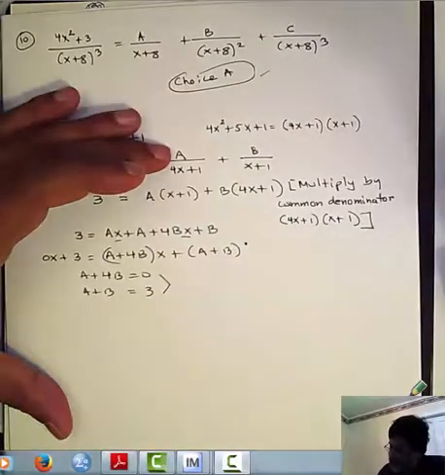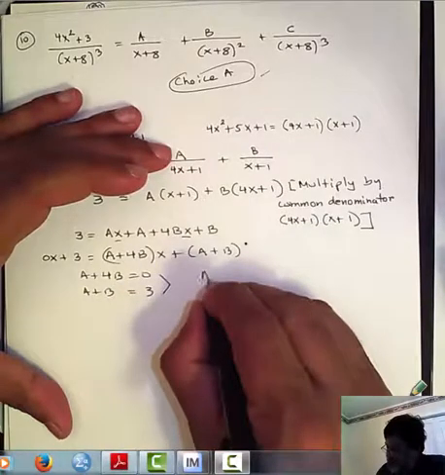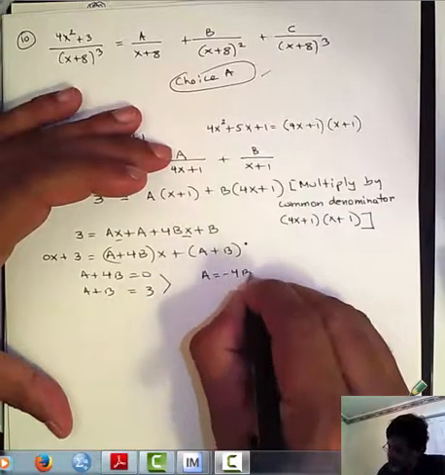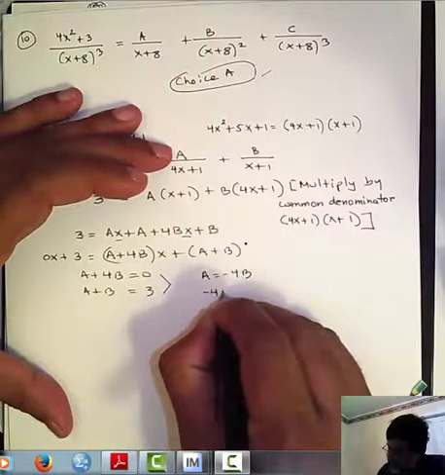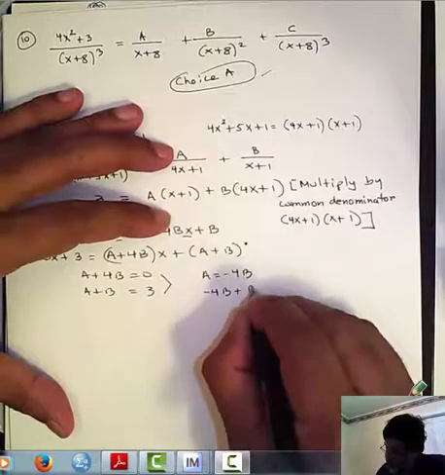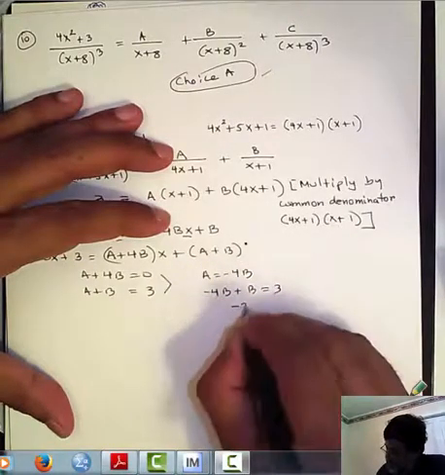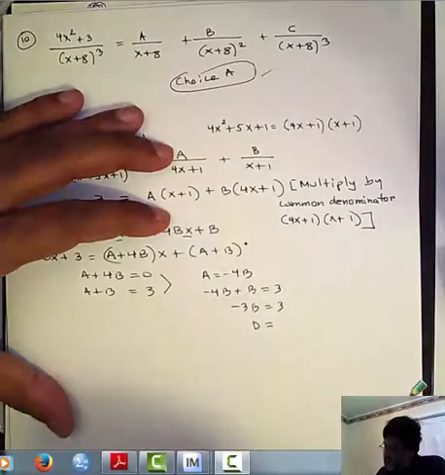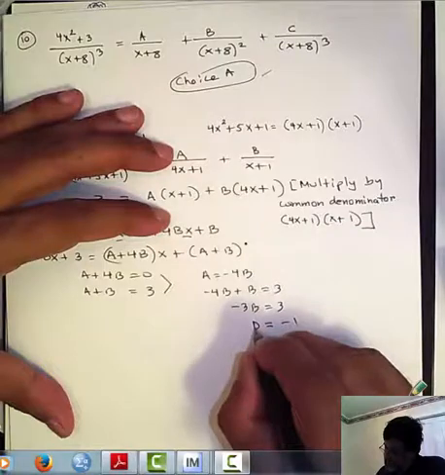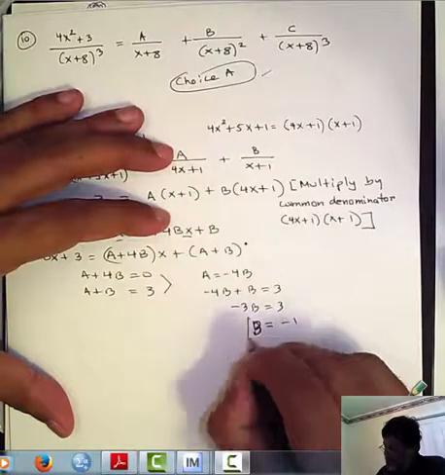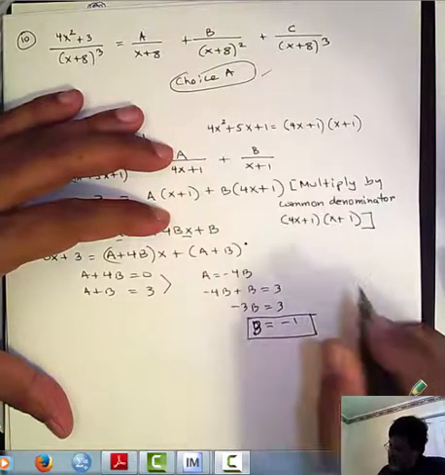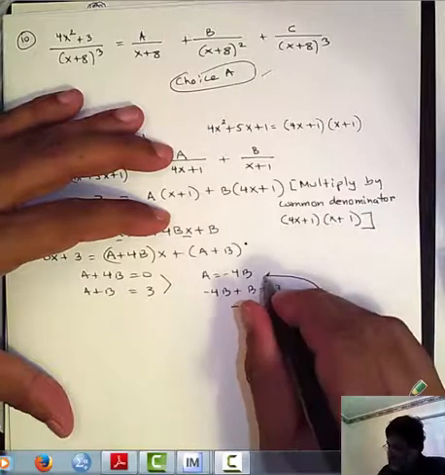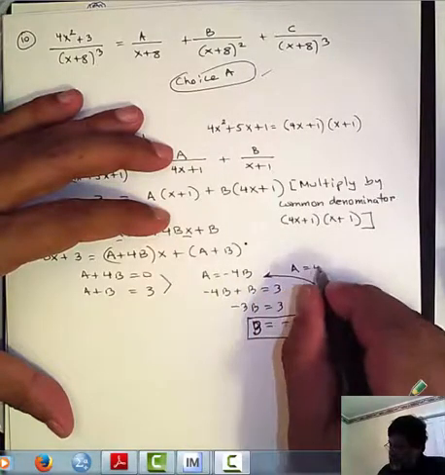So I'm going to just substitute a is negative 4b into here. So I found b to be negative 1. If b is negative 1, a is, let's do 4.